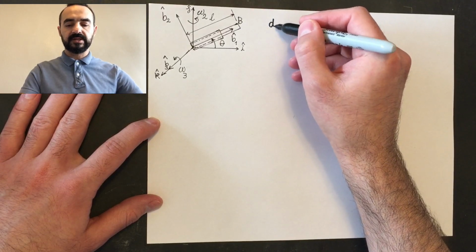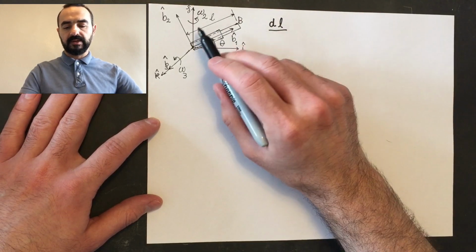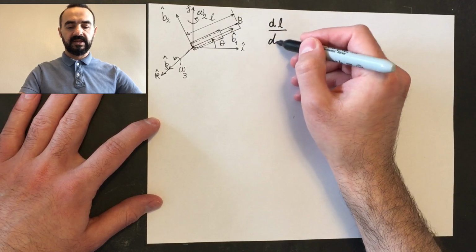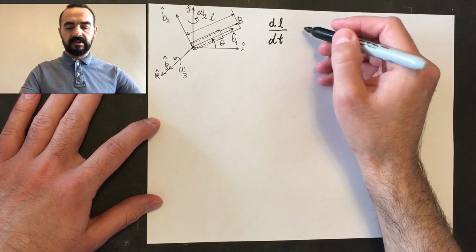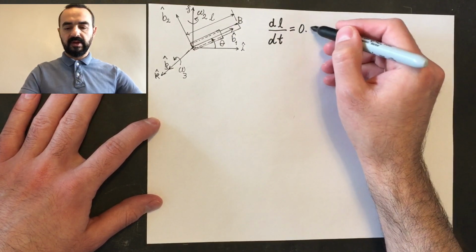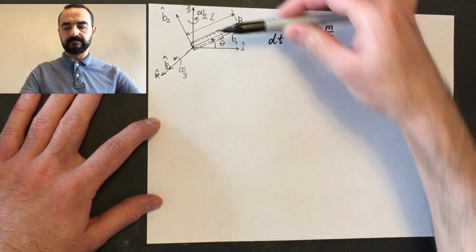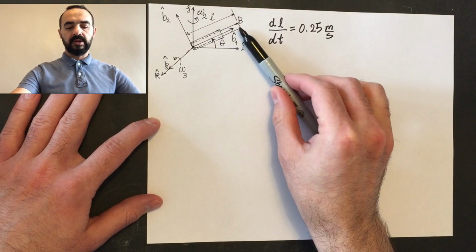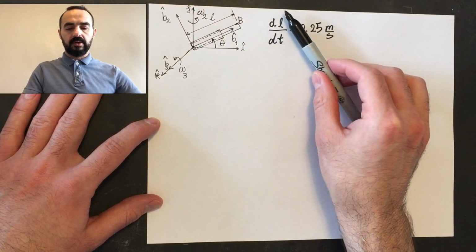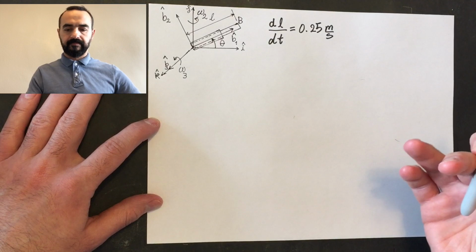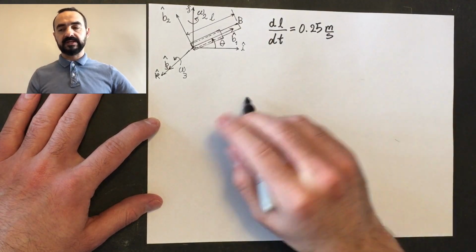So we know that dL/dt is equal to 0.25 meters per second. So this arm would extend.